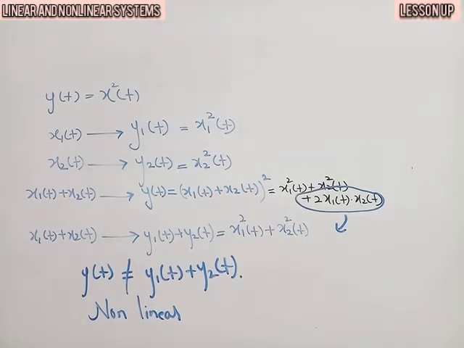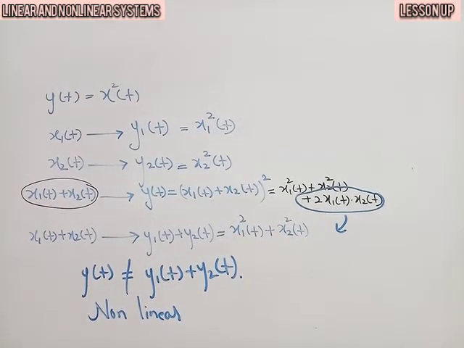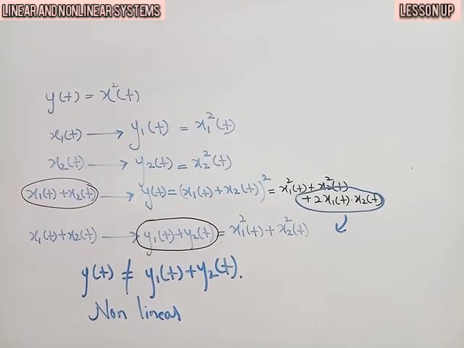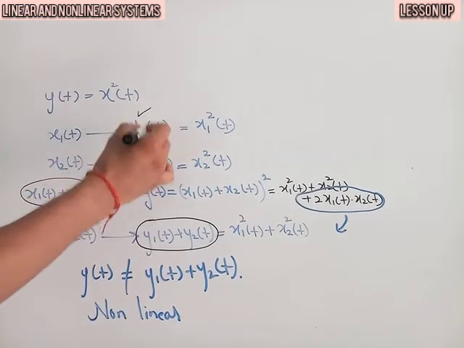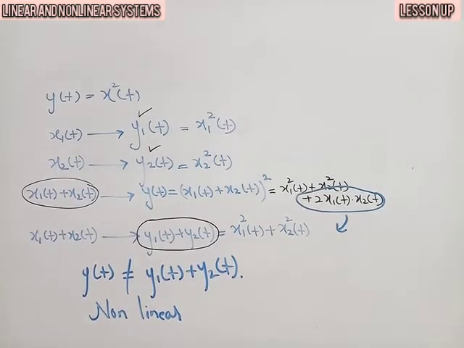Okay, and the superposition theorem states that the response to a weighted sum of input signals is equal to the corresponding weighted sum of the outputs of the system to each of the individual input signals. So, for a system to be linear, it should follow the additive and homogeneity or scaling properties of superposition.